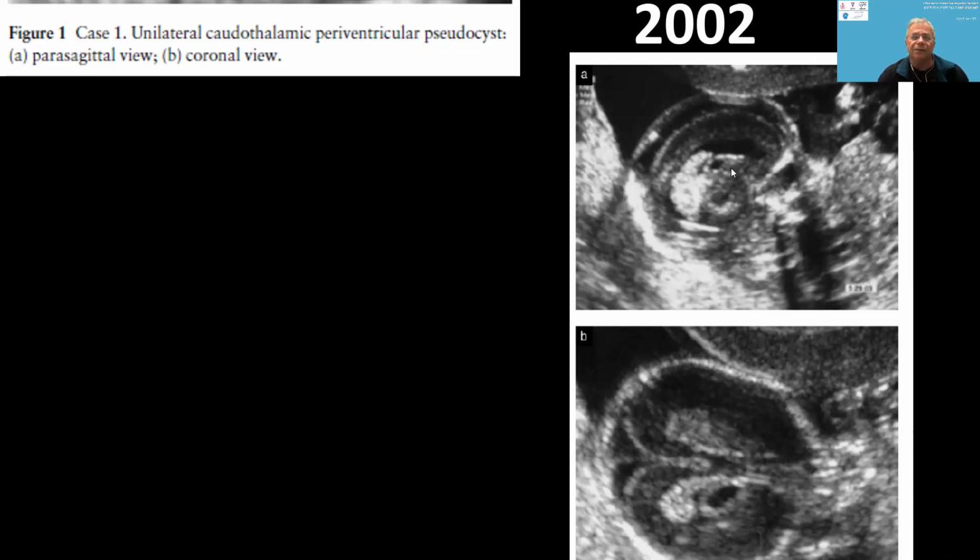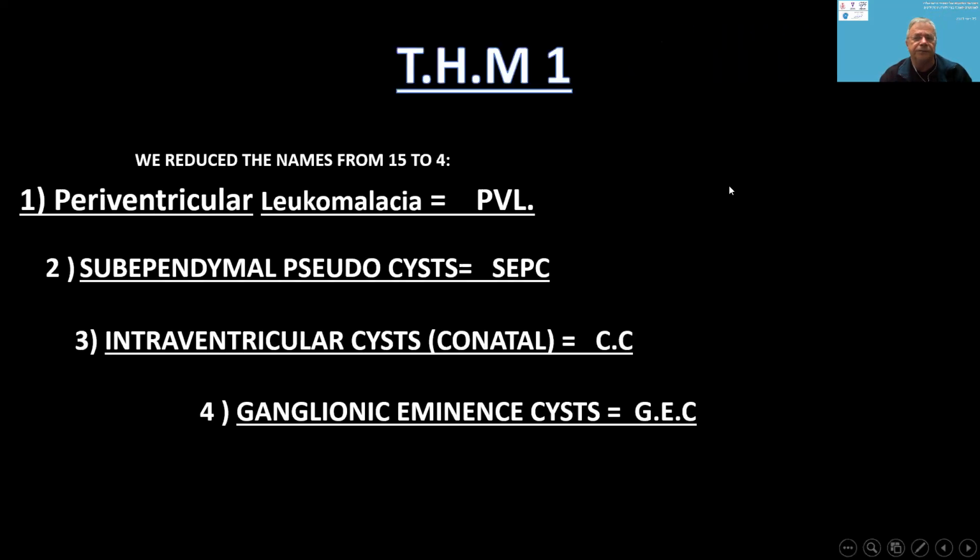His article was about the periventricular pseudocyst, and he gave this case at week 16, which is not typical for periventricular pseudocyst, which had a bad prognosis secondary to CMV. He called them periventricular pseudocyst, but it's clearly GE cysts.